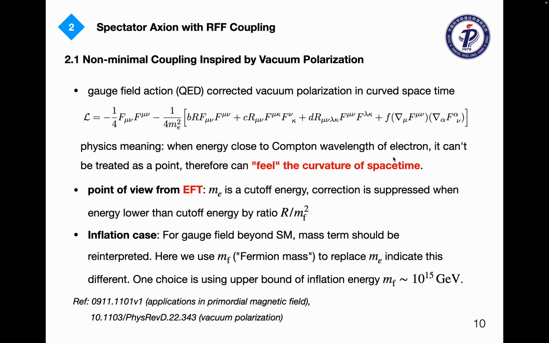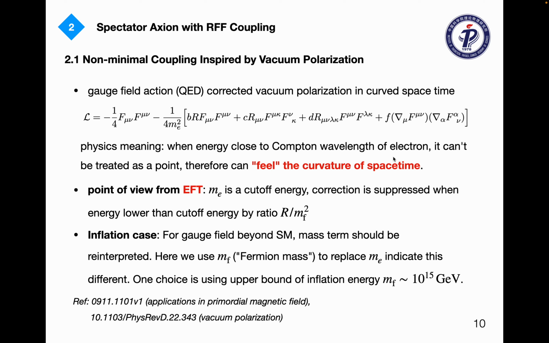One can imagine our electron has a Compton wavelength, and if our spacetime is strongly curved, its curvature scale may become comparable to the Compton wavelength of the electron. So in that case, the electron can feel the curvature of the spacetime, and therefore we can add the coupling between the electromagnetic field and the spacetime curvature.